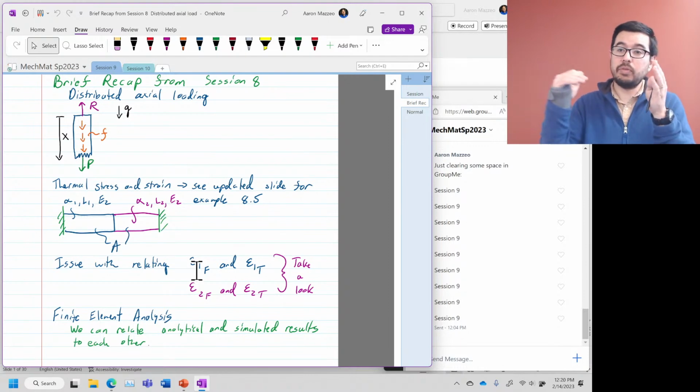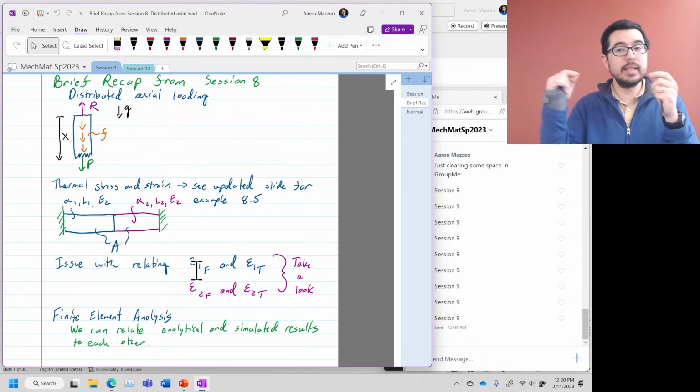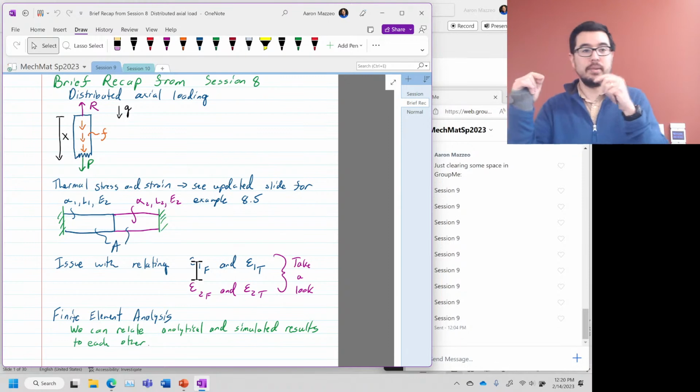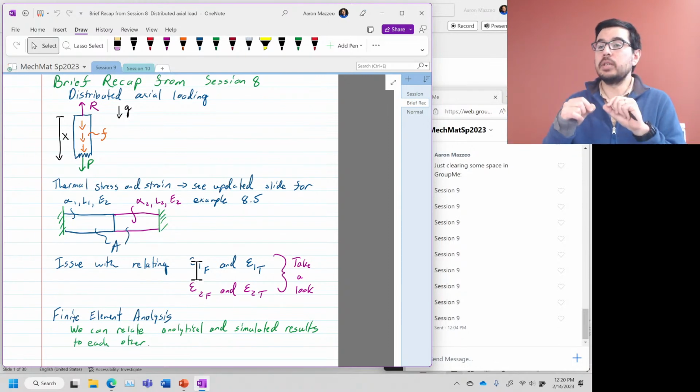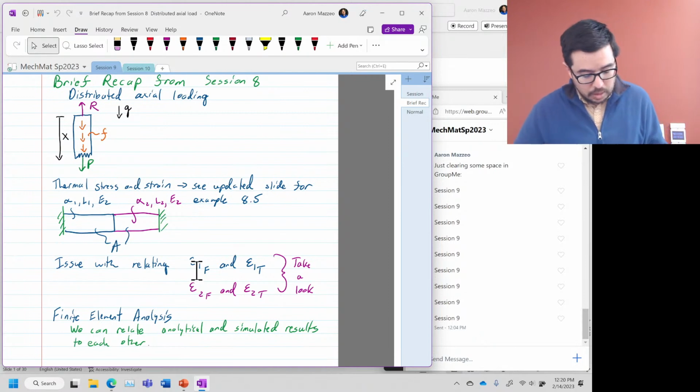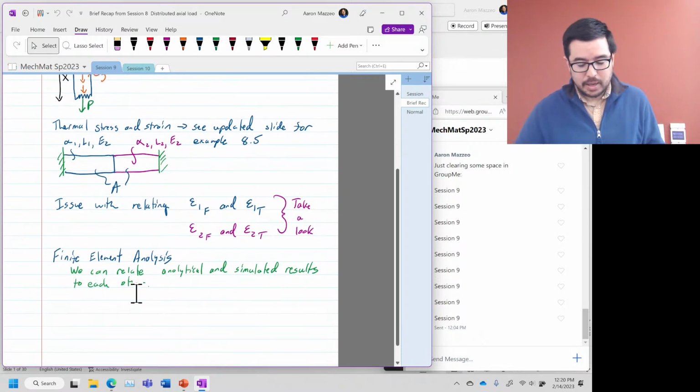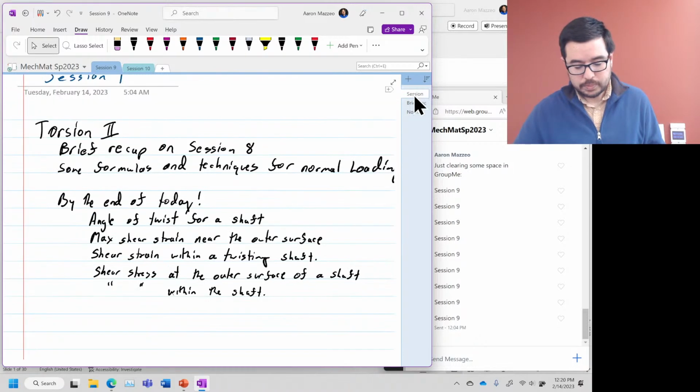And then when we apply the force, think about how much compressive strain, or how much compressive displacement we have. And then we actually need to add those to each other. Okay? And then we did finite element analysis, as we discussed.